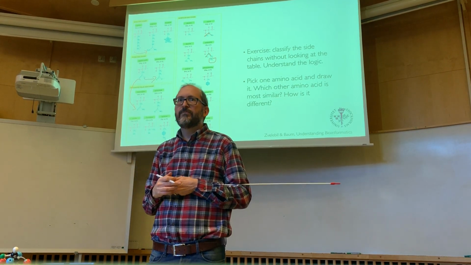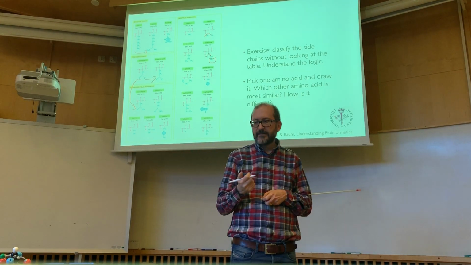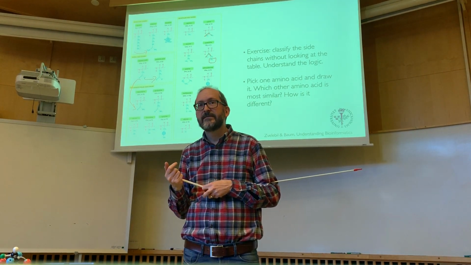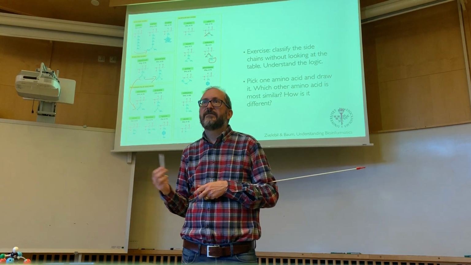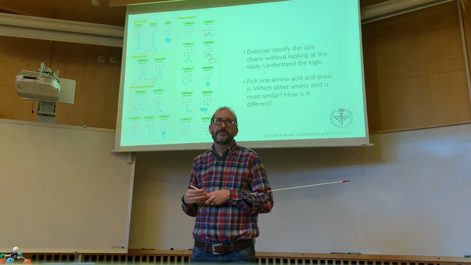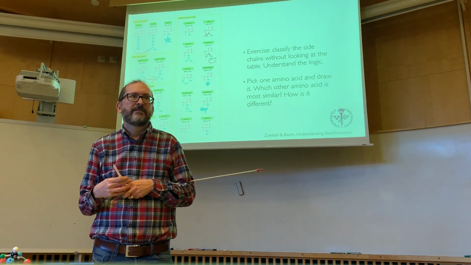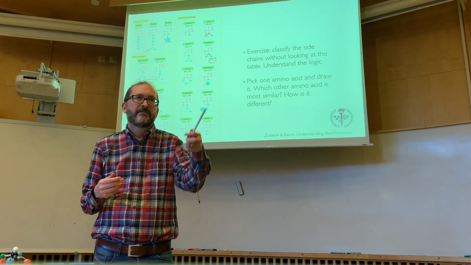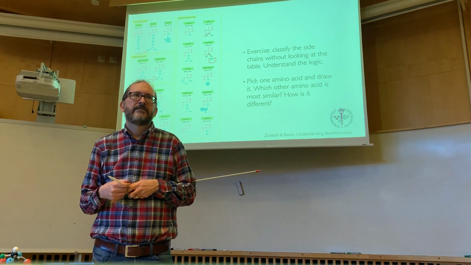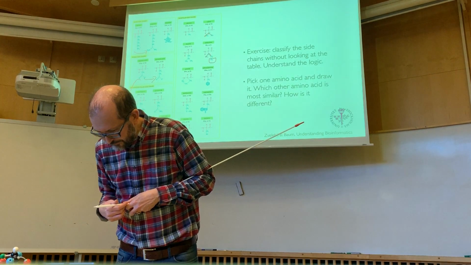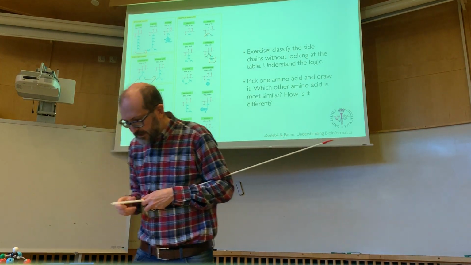So do people more or less know the physical chemical classes of amino acids? For example, if I just say phenylalanine off the top of your head, what class is it? Right, aromatic. Yes. And there are some that are special.